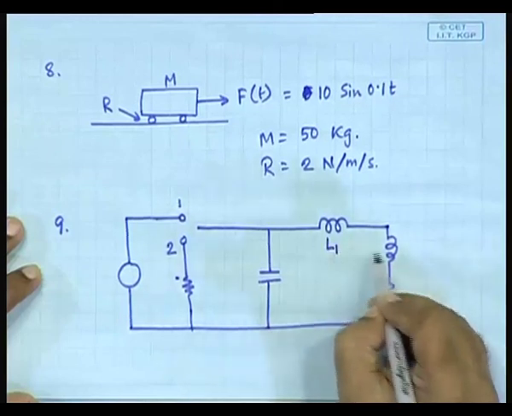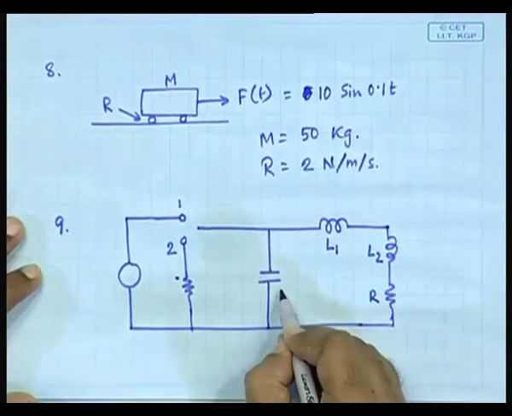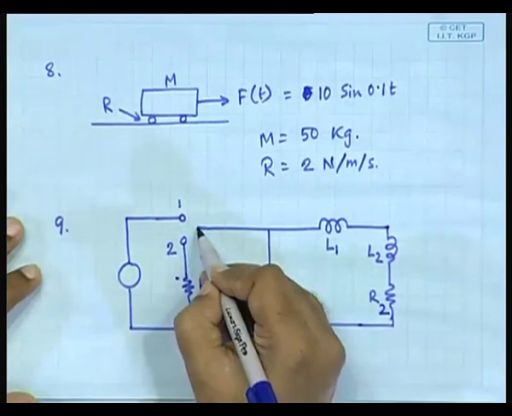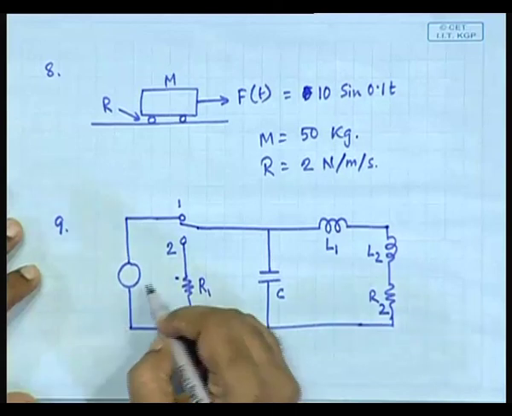So, this L1, L2, R, C, this is R1, this is R2, and you have got either this or that. Here this E.